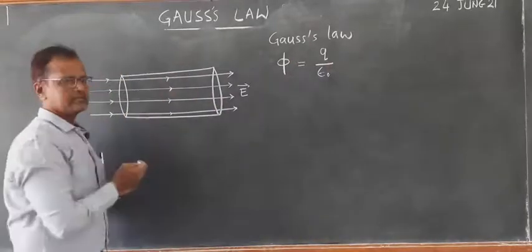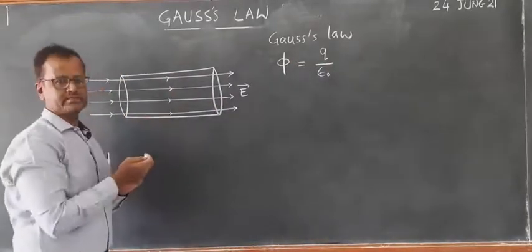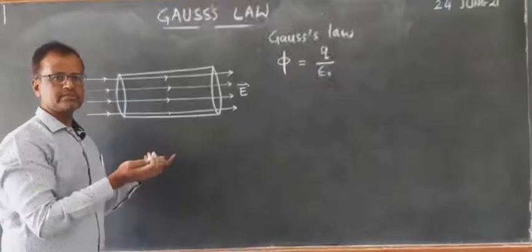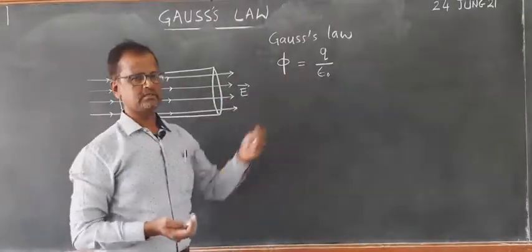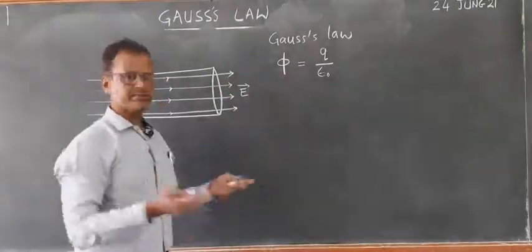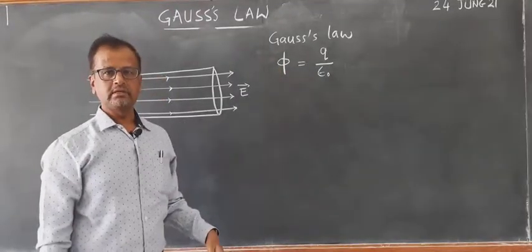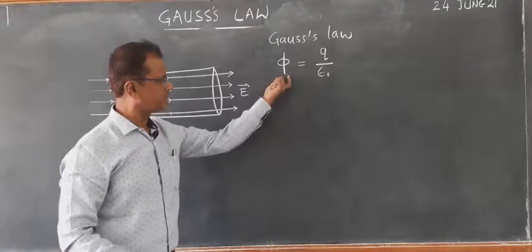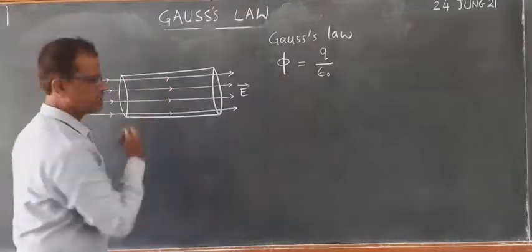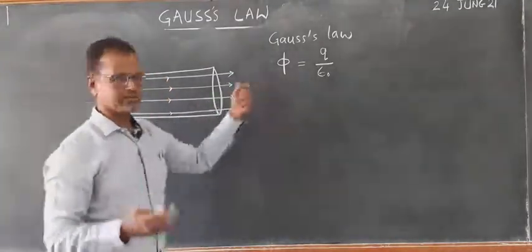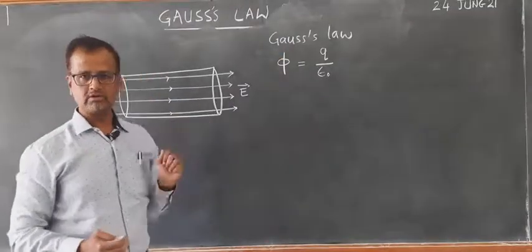When you look at this, there is no charge enclosed by the surface. So, when there is no charge enclosed by the surface, then total flux linking with the surface becomes 0. That is evident from the Gauss law. Since there is no charge here, definitely we can say that total flux is 0. That is the meaning of Gauss law.